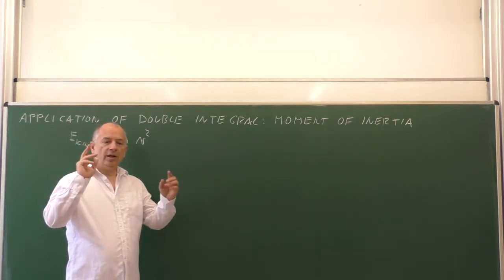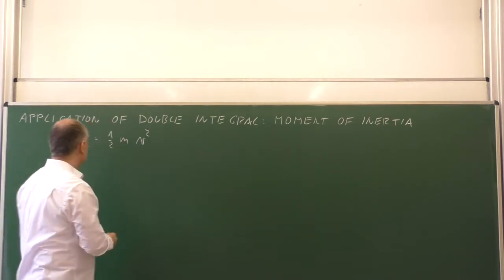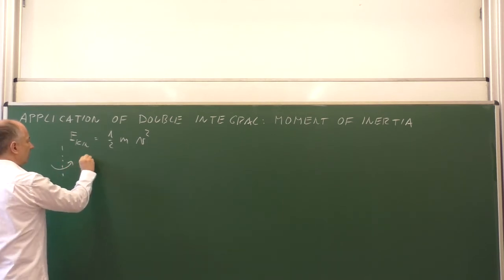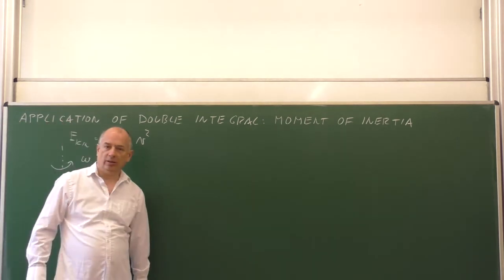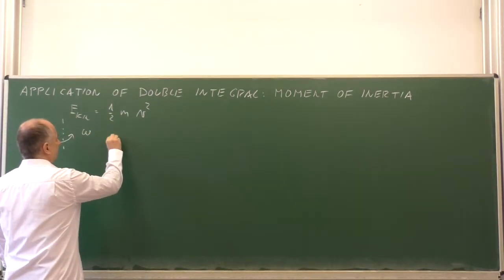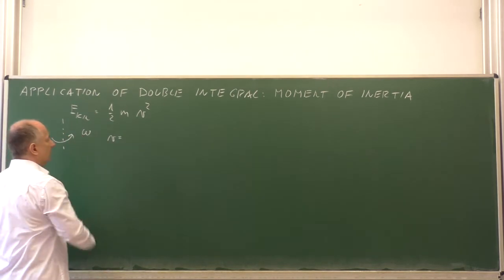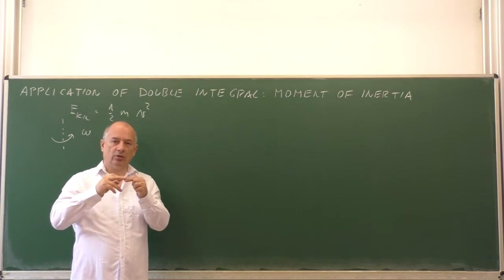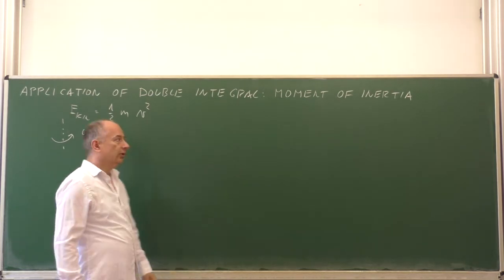then if we have a rotating body, rotating with some velocity omega, angular velocity, then the velocity of each point depends not just on the rotation itself, but also on the distance from the axis of rotation.